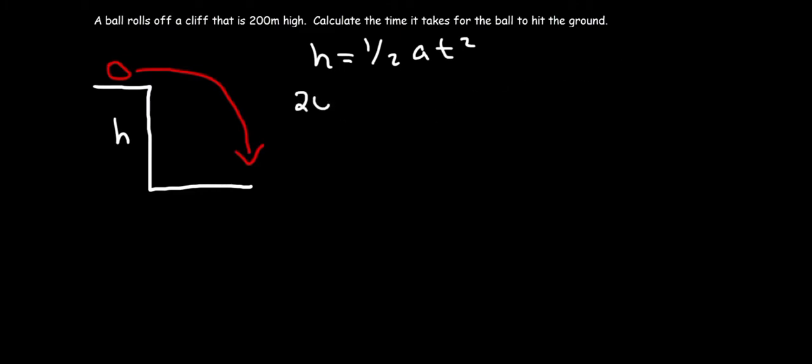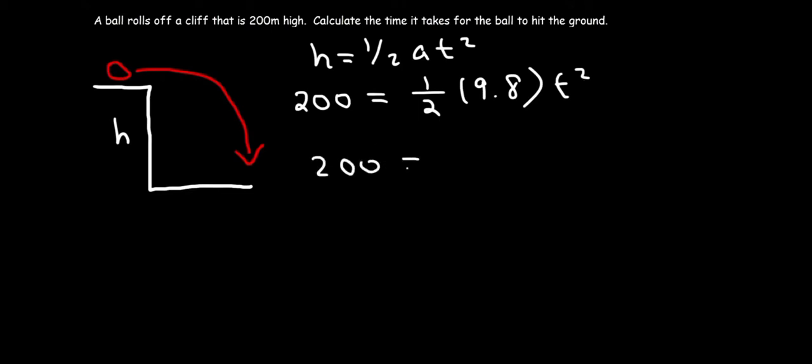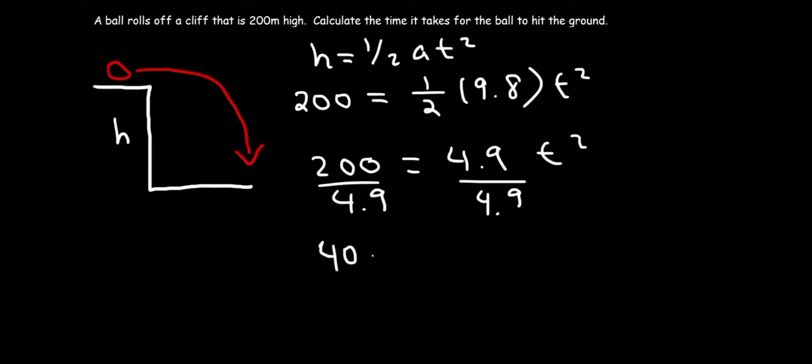The height is 200. The acceleration is 9.8. And let's solve for t. So half of 9.8 is 4.9. To isolate t squared, we need to divide both sides by 4.9. 200 divided by 4.9 is about 40.8163, and that's equal to t squared.